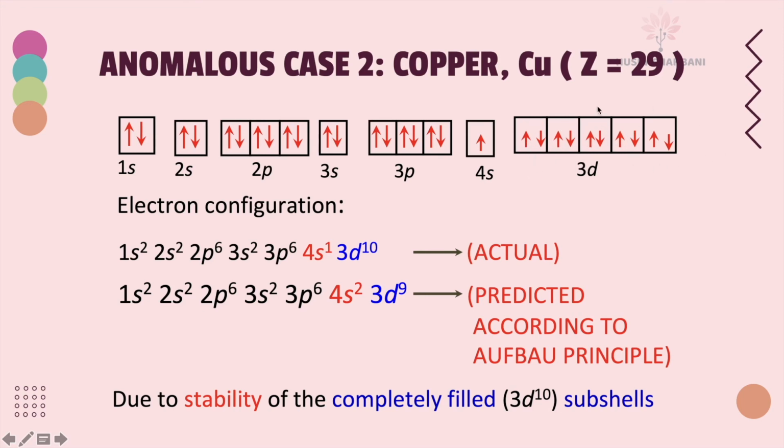This is what we call completely filled. Completely filled is more stable than if you take 1 electron and put it in 4s, making it 4s2. That is less stable. It is more stable when you put all 10 electrons in 3d, making it completely filled, and leave 4s with 1 electron only. It is more stable this way compared to the other way.